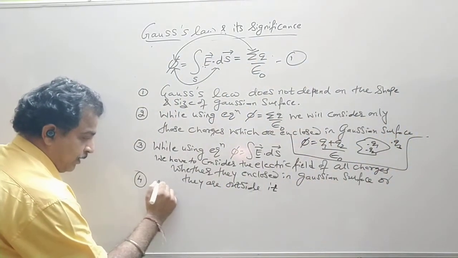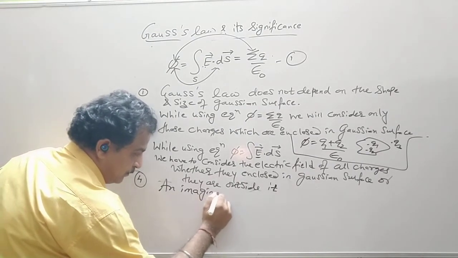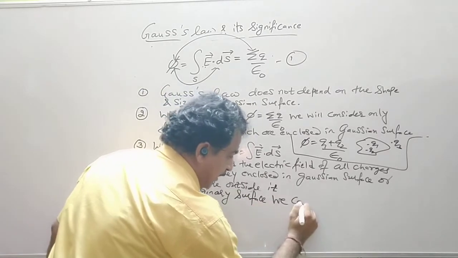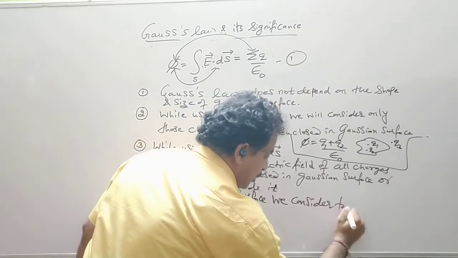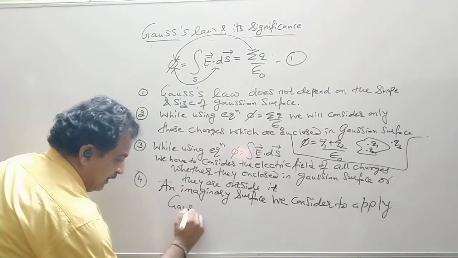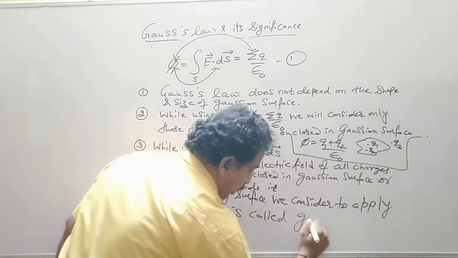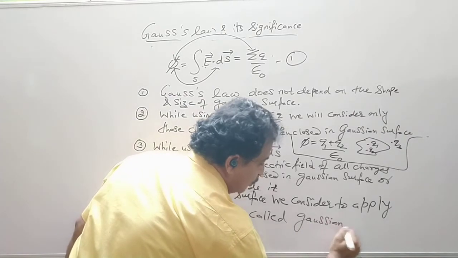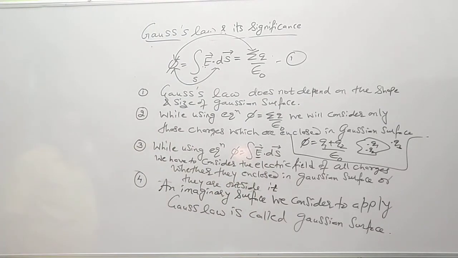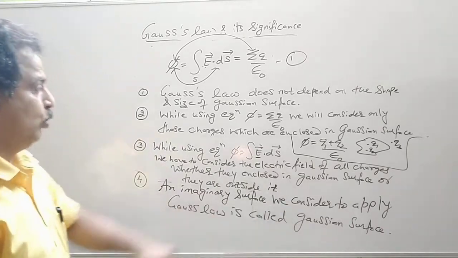So an imaginary surface we consider to apply Gauss law is called Gaussian surface. So this is an imaginary surface which we consider to apply the Gauss law. It is called Gaussian surface.